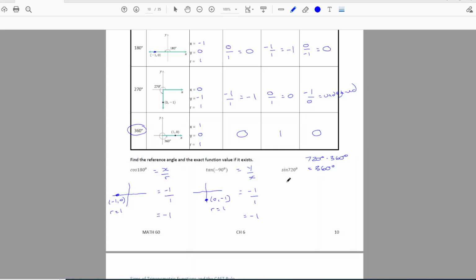So the sine of 720 is the same as finding the sine of 360 degrees, which again, you would draw here, you would label your point, a little bit neater than that. And then sine is y over r, which is 0 over 1, which is 0. Awesome.